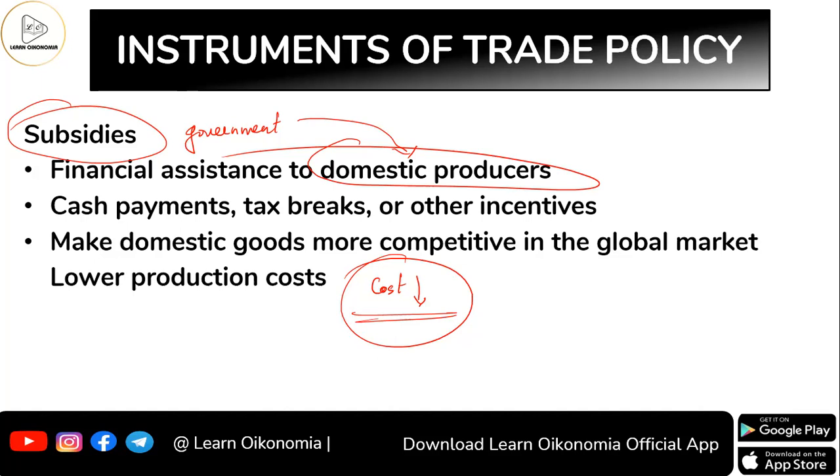So what happens? Now our domestic producers would be able to adopt some modern technology too, because a part of the cost is being met by the government. That would make our producers produce quality-rich products that they can later export, because our production and productivity is increasing with the financial assistance given by the government.